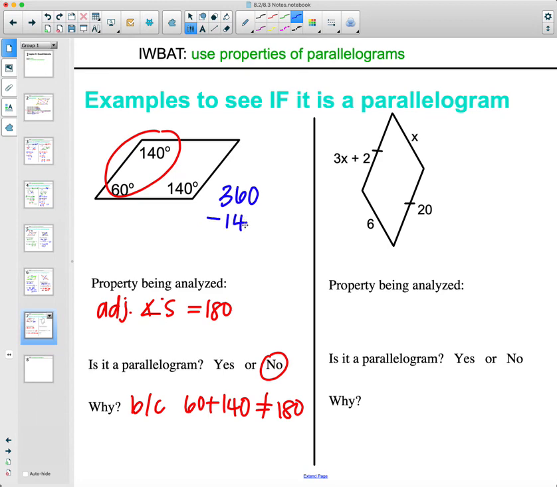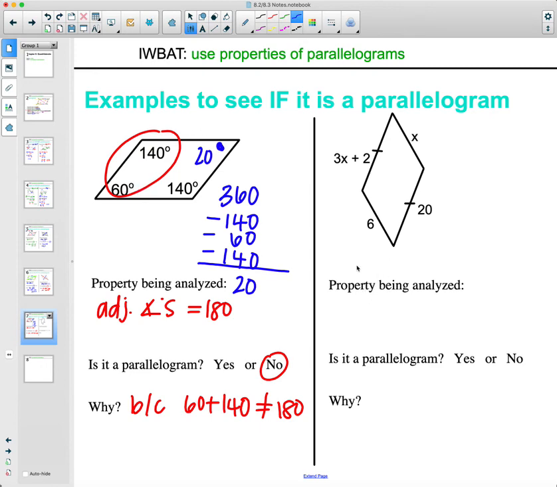So you could subtract 140, subtract 60, subtract 140 to find this missing angle. So if you did that, let's see, that's 140, 200, 340. So 360 minus that is going to be 20. And then if you did that, you could say, well, opposite angles aren't congruent because you only had one set. So you got a couple options you could do there.